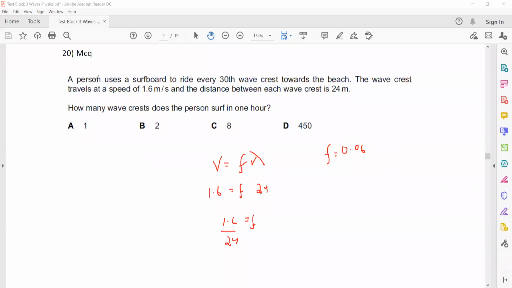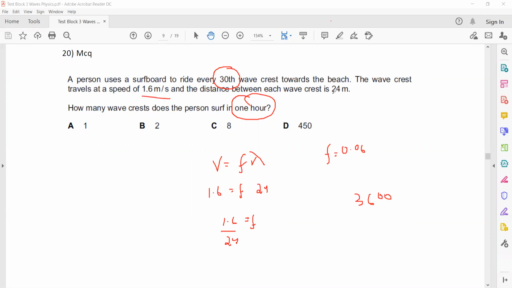In the question they mention a person uses a surfboard and is riding every 30th wave crest towards the beach. So first, you can find the time it will take. Frequency means how many vibrations there are per second, or we can also find the time interval.